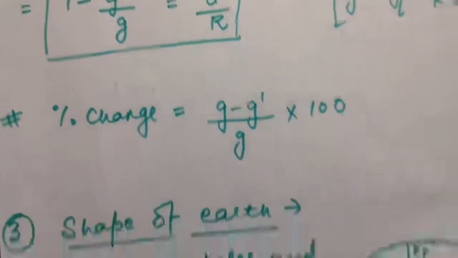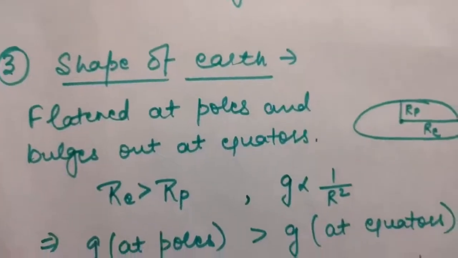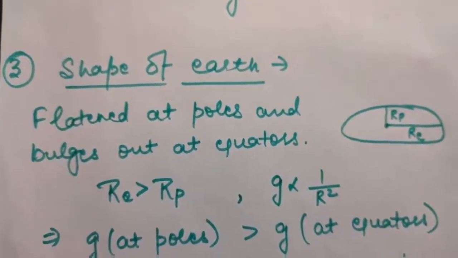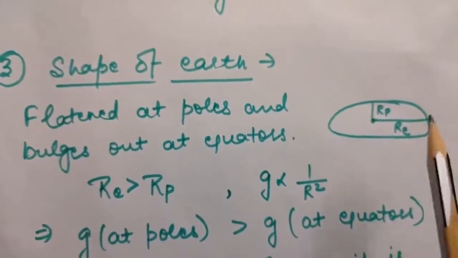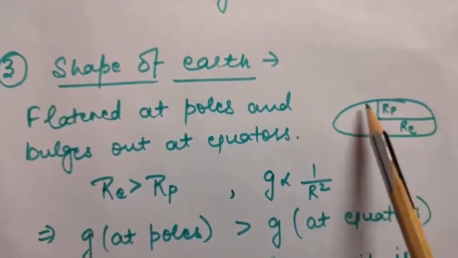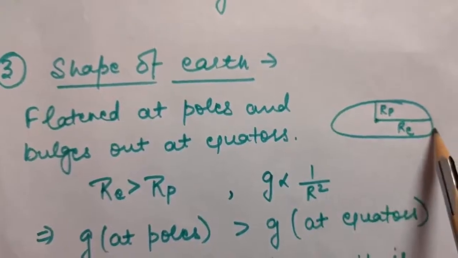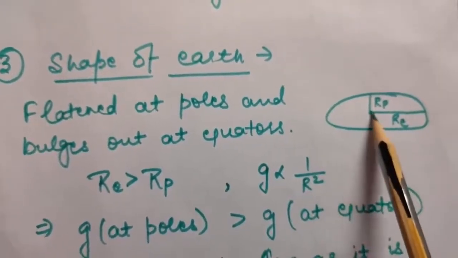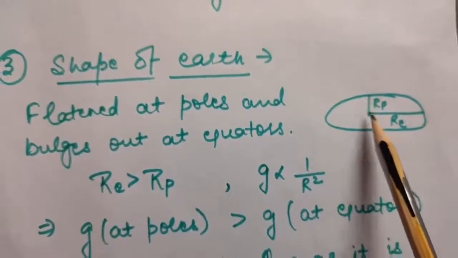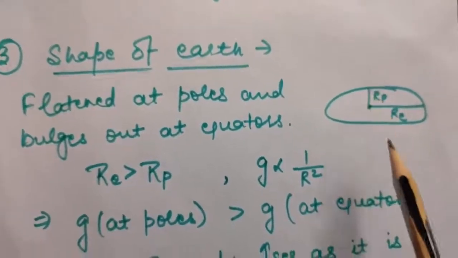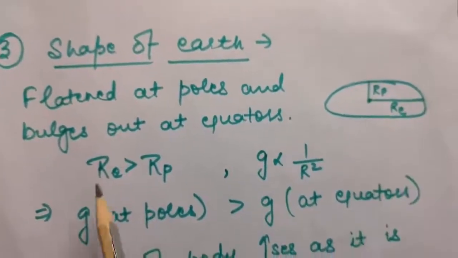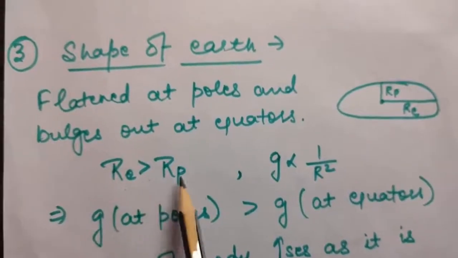So the third point in the variation of g is the shape of Earth. The shape of Earth is not exactly a sphere. Instead, it is flattened at the poles and it bulges out at the equator. Therefore, you can say it is in the form of an ellipse. Let us denote this as the radius of the equator and this as the radius of the poles. As you can clearly see here, the radius of the equator is greater than the radius of the poles.